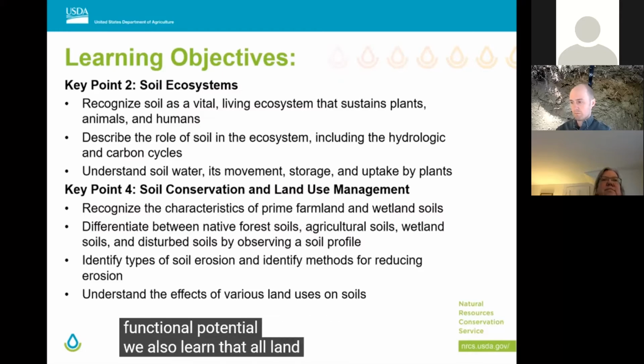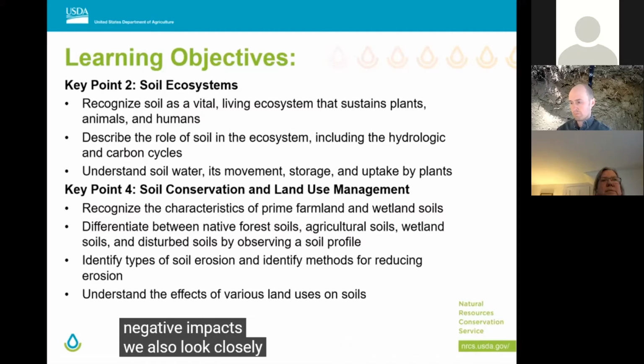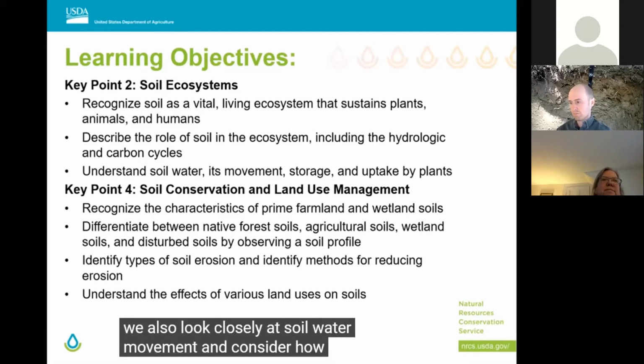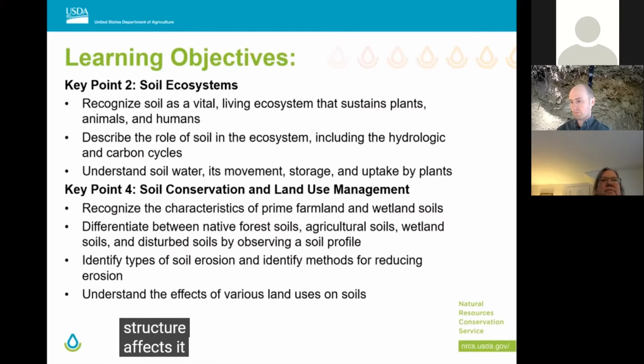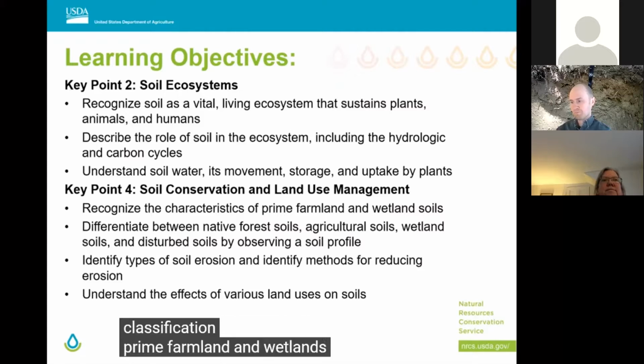We also learned that all land uses affect dynamic soil properties to some extent, but through soil conservation and soil health principles, we can minimize negative impacts. We also look closely at soil water movement and consider how building soil structure affects it. And finally, we were introduced to the concept of farmland classification, prime farmland, and wetlands.